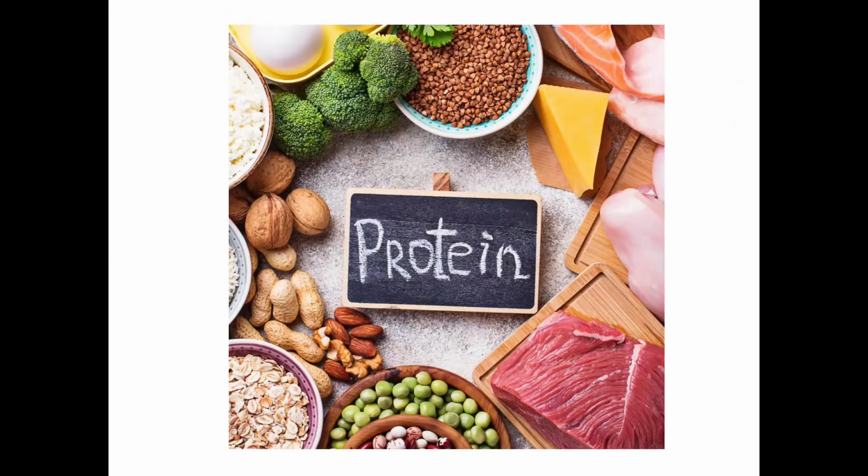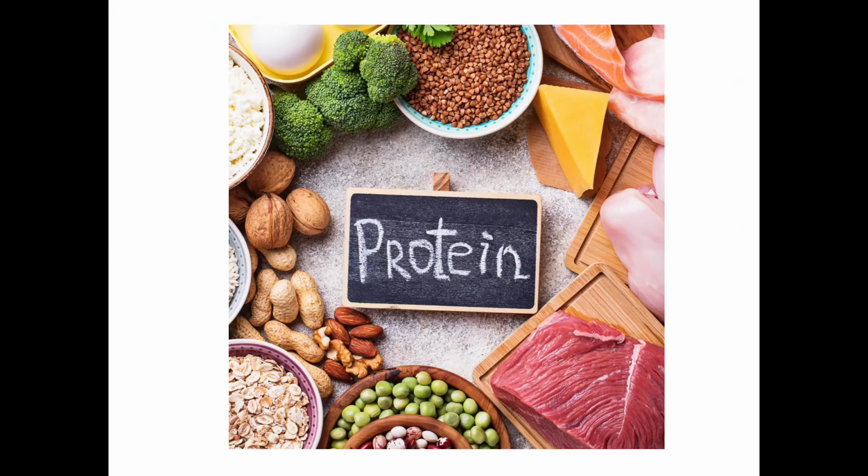Come to protein. For protein, we learn composition, types and roles. Basically, proteins are made up of carbon, hydrogen, oxygen, additionally nitrogen, and sometimes sulfur.